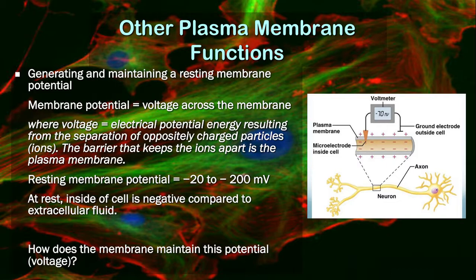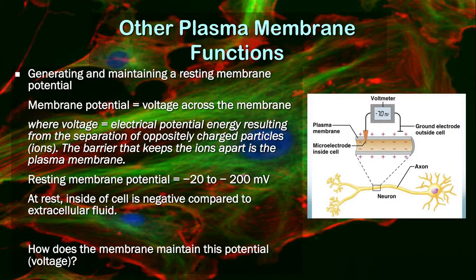There is a flow of ions across that membrane. And for a usual cell, it's usually around negative 70 millivolts. So voltage is the electrical potential energy resulting from the separation of opposite charges.